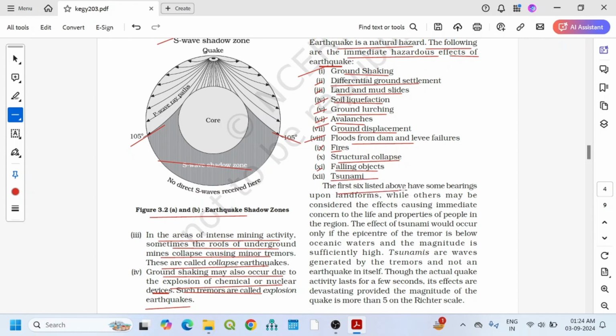The first six listed above have some bearing upon landforms. These six up to this.